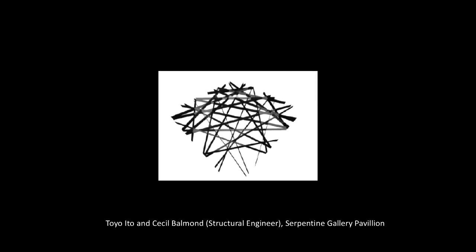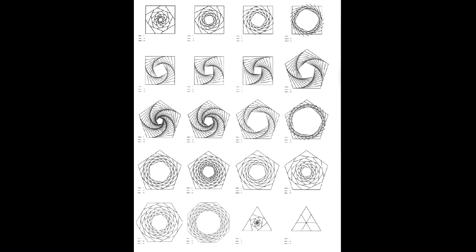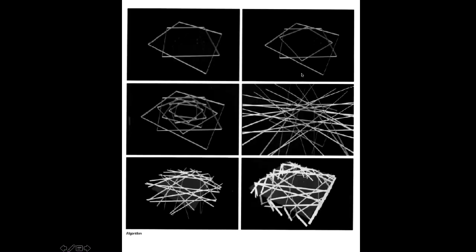And so, just to go through how Ito and Balmond came about this form. They started off with this seemingly chaotic assemblage of lines. But in reality, the way that Ito created that was by looking at different types of spiraling patterns.